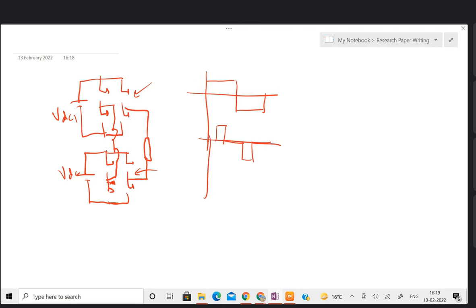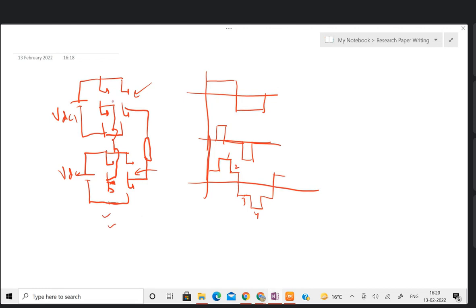If you are cascading, that means you are adding them, so now the output would look somewhat like this. Now this has got steps, and you can increase the steps by increasing the number of units.